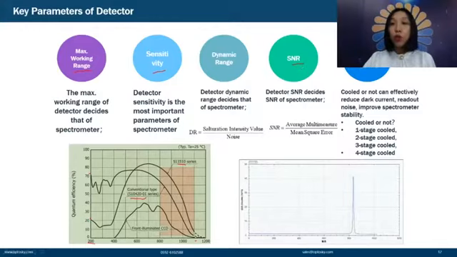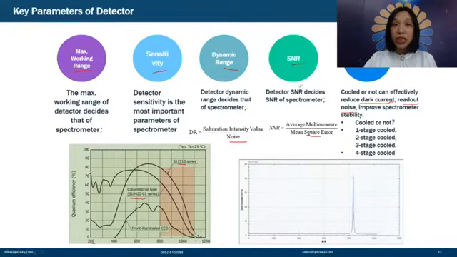And then we turn to cooled or not. Whether the detector is cooled is also a very important parameter. Because a cooled detector can effectively reduce the dark current and the readout noise, both dynamic range and signal to noise ratio can be improved.